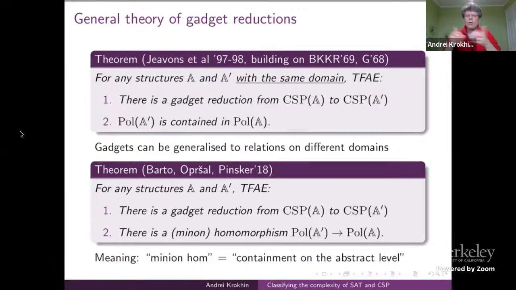So this group homomorphism is an abstract notion which is somehow more general than set-wise inclusion. So this is what's going on here. Again, the important point is that we know exactly when gadget reductions work.